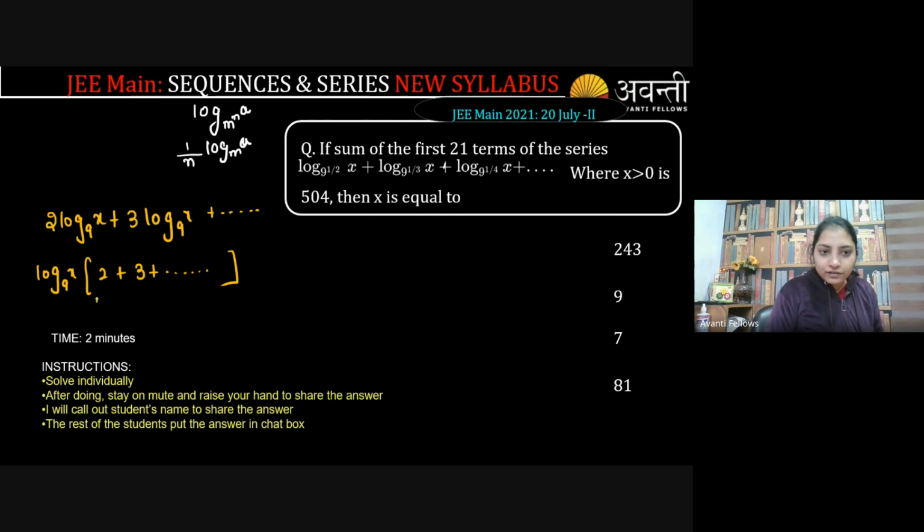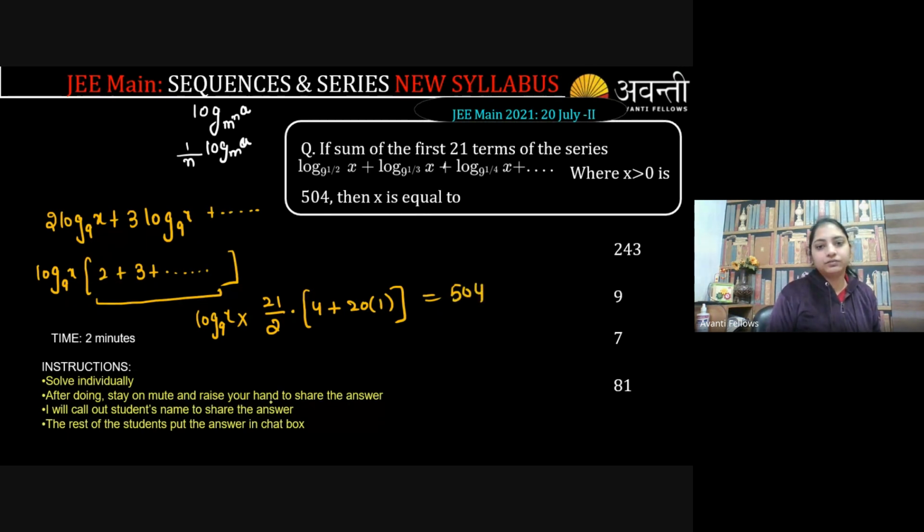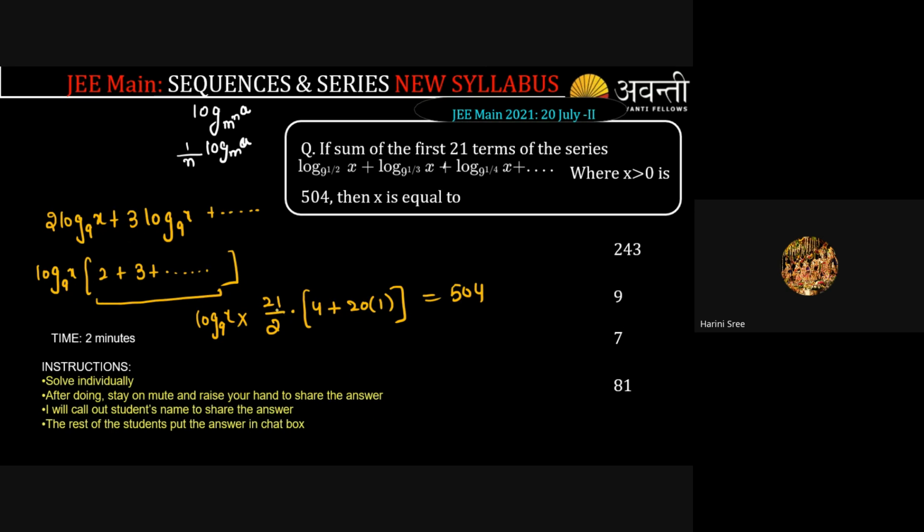So if you apply the formula of sum on 21 terms, it means 21 by 2 into (2a plus 20 into d, with d was 1) into log base 9 of x, that must be equal to 504. Yes or no? Yes, ma'am. Okay.